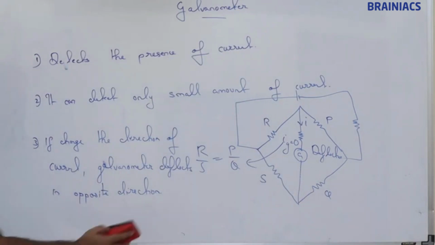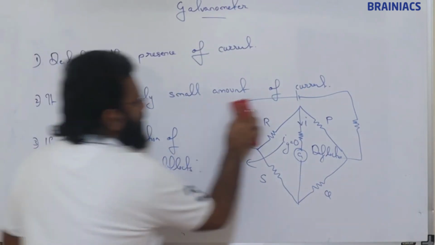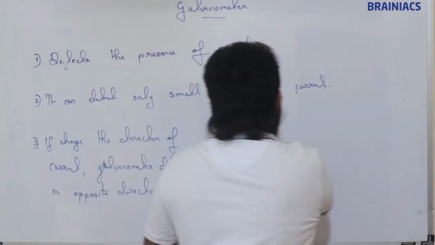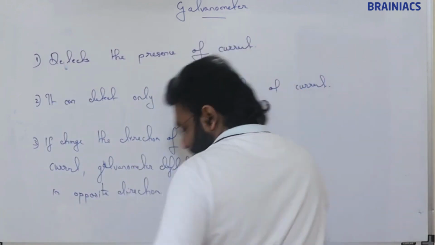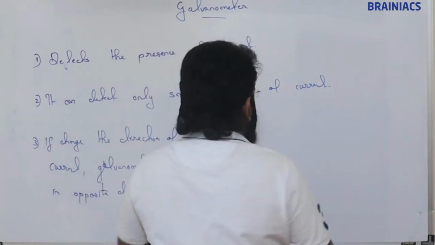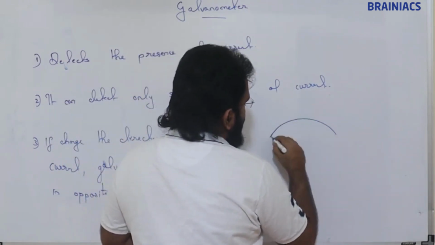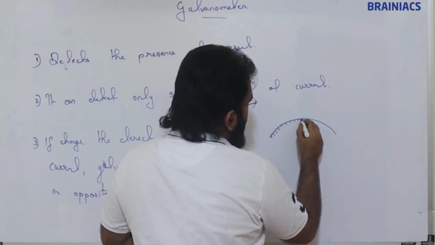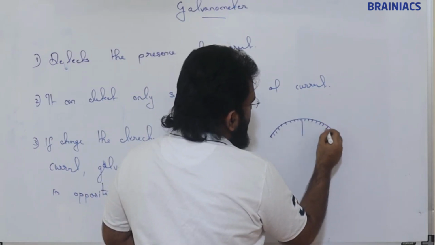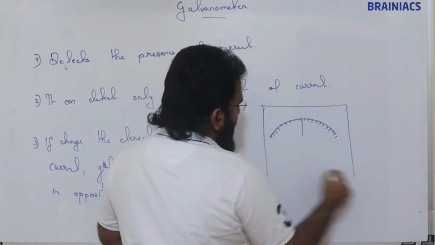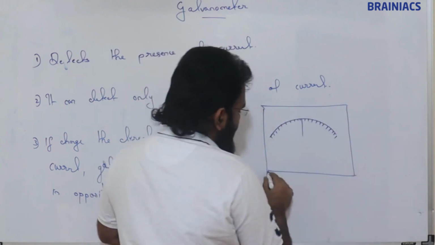Now another point. Suppose galvanometer will be like this. Here two-side deflections are there. This will be just like a box.